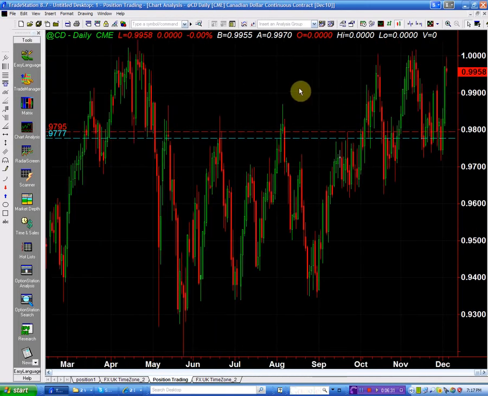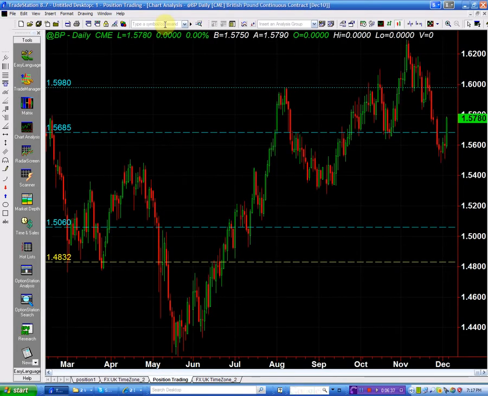If you look at the British pound, you see that it came back above the 156 after selling off. So at the start of the week, you had your sale below the 156, only to reverse on Friday and come back and close above the 157.80.